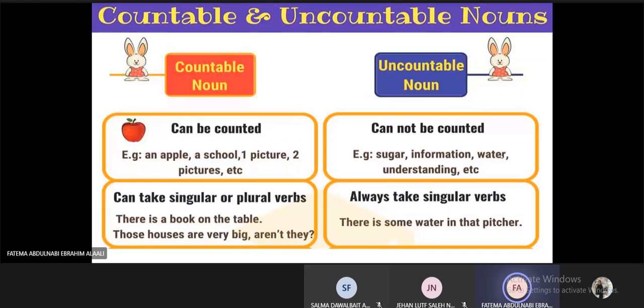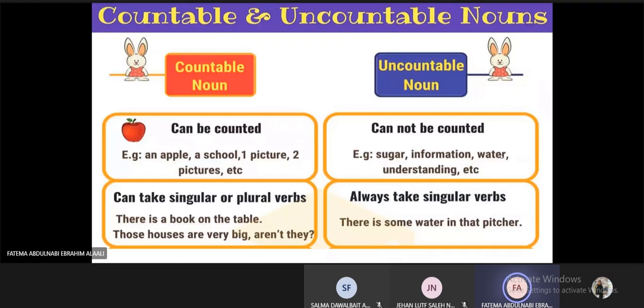Second, they can take singular or plural verbs, okay? So countable nouns, the things that we can count, take singular or plural verbs, like there is a book on the table. Second example, those houses are very big, aren't they? So for house, for book, we can make the verb singular or plural according to the noun.